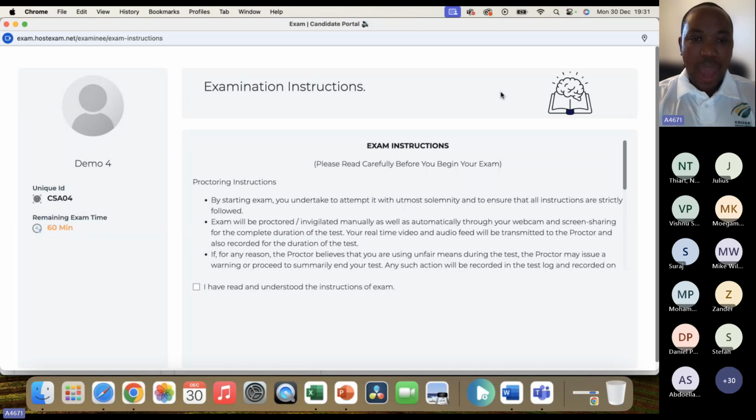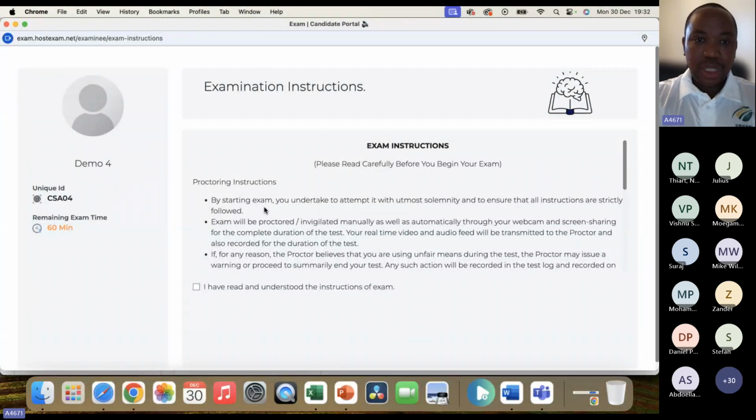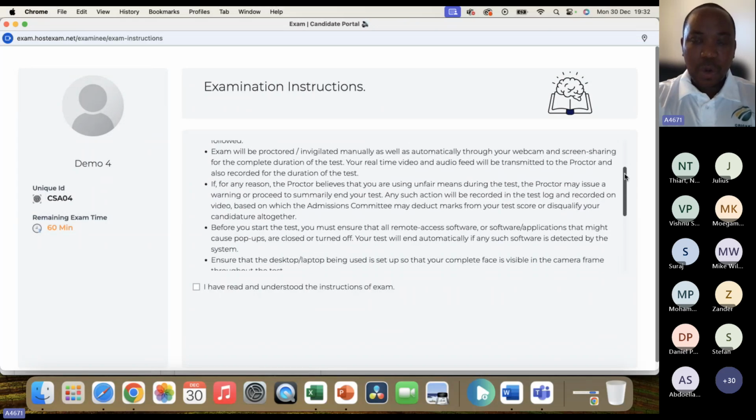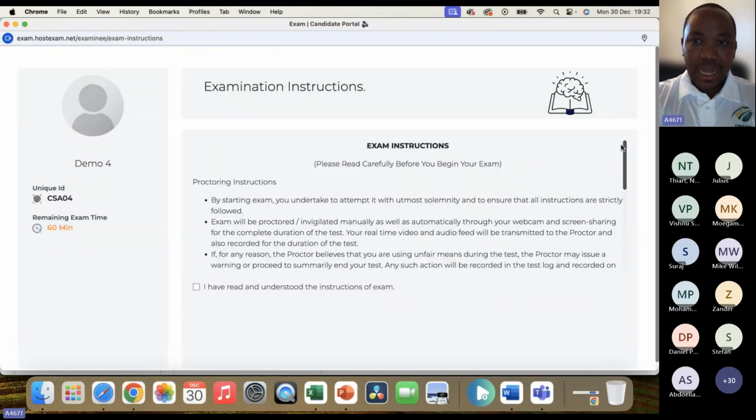But once you have been authorized, you cannot start your exam before 9 a.m. What you will be able to do is read the exam instructions, and these exam instructions currently are not 100% configured for Cricket South Africa. For you on Saturday and on Monday, they will be configured to read exactly how Cricket South Africa needs the exam instructions to read. So take your time to read thoroughly through the exam instructions.